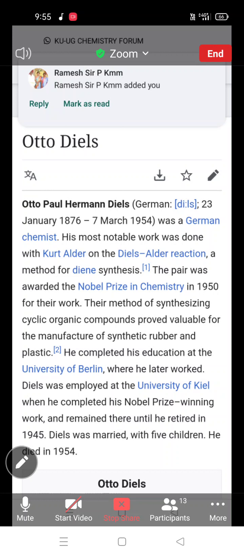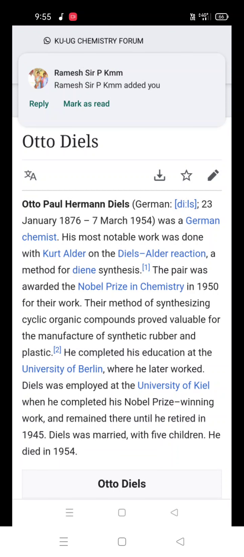So this is about the autobiography of Otto Hermann Diels. He was from Germany. His fellow scientist, Kurt Alder, also collaborated to form the Diels-Alder reaction. They got the Nobel Prize in chemistry in 1950 for this reaction.